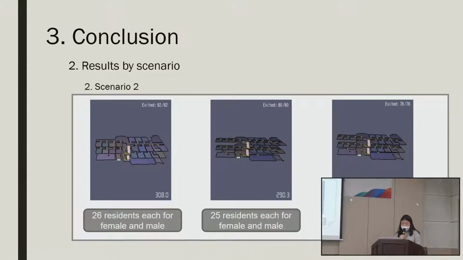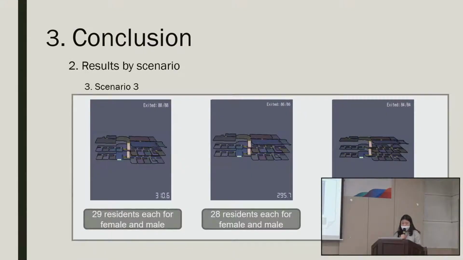In scenario 2, the shortest evacuation time was with 24 male and 24 female residents, and with 26 male and 26 female residents, the evacuation time was over 300 seconds. Thus, the adequate number from floor placement by scenario 2 is 24 male and 24 female residents, so that evacuation is completed within the available time.